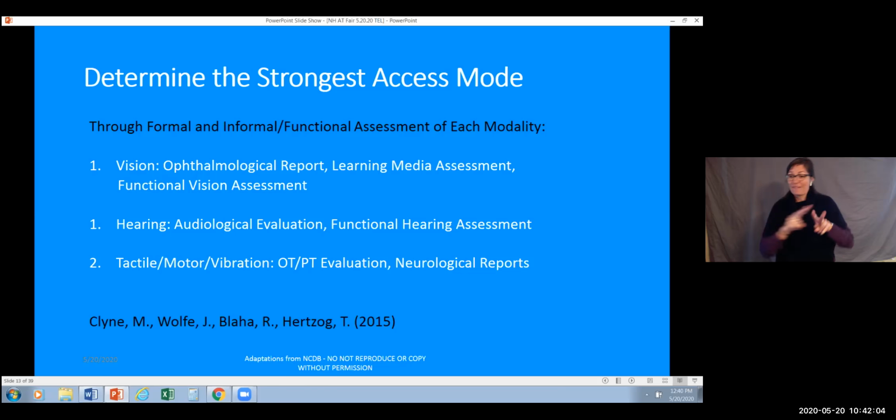If not, it should be. And then there's also numerous functional vision assessments out there, which will help the team decide, again, what the strongest access mode is for the child as they're deciding what device or what supports are most appropriate. And always looking for audiological evaluation and information regarding functional hearing assessment.